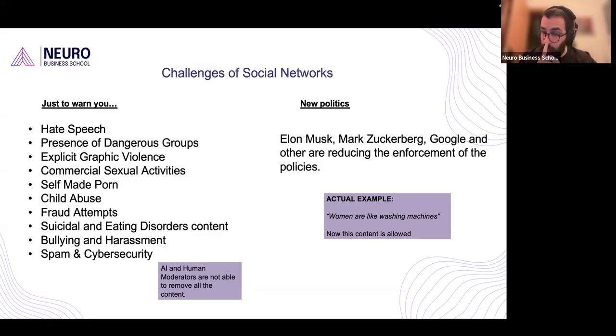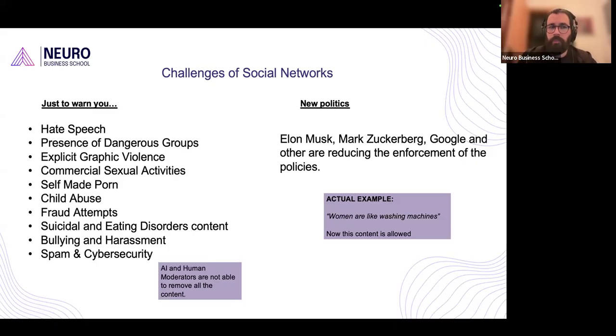What happened, and this is for real: for a long time, all the attacks against women, for example, were totally banned, totally removed. But after Donald Trump arrived in the government and forsook free speech, what happened? Sentences like "women are like washing machines," that is disgusting, are now allowed. This sentence is allowed on Facebook or Instagram. They don't remove this content. Why? Because free speech.